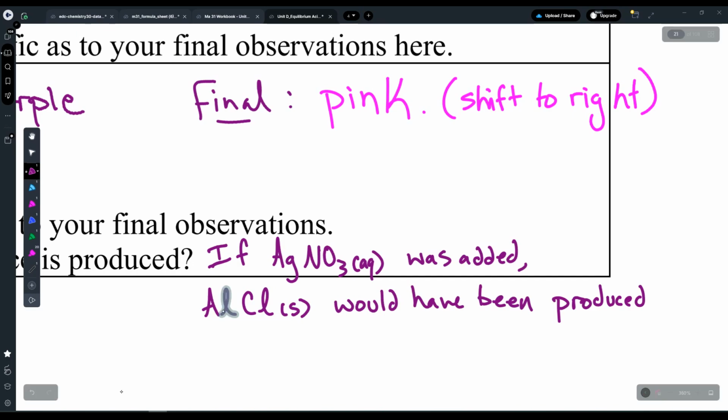Oh, sorry, I had said aluminum chloride. That should be silver chloride there. And what the production of silver chloride does is it removes the free chloride ions because they're trapped in the precipitate.